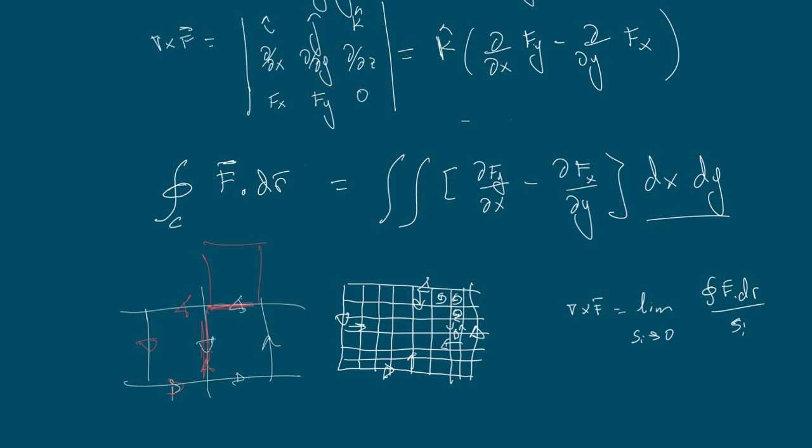And the line integral, so I will perform the line integral like this, in the counterclockwise direction, and it will be 0 in this. The line integral that is here will be cancelled by the line integral of the elements that are in the boundary.